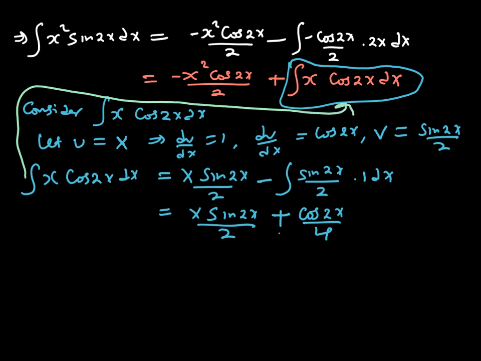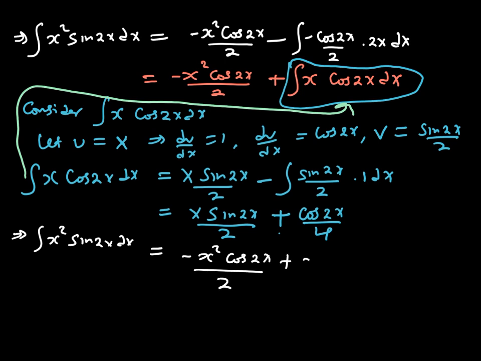Okay, this means that my integral of x squared sine 2x dx is now equal to minus x squared cosine of 2x over 2, okay, plus x sine 2x over 2, then plus cosine of 2x over 4. So far, that's where we are.